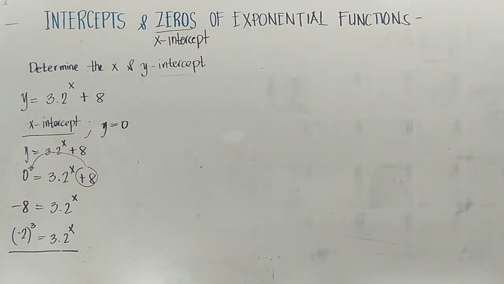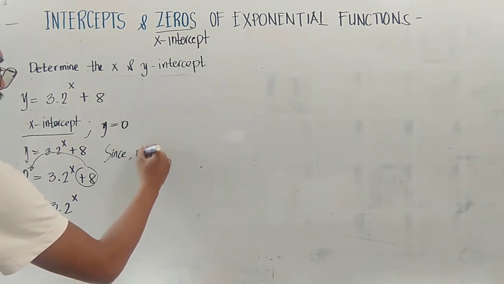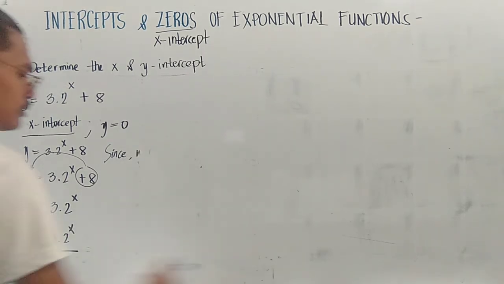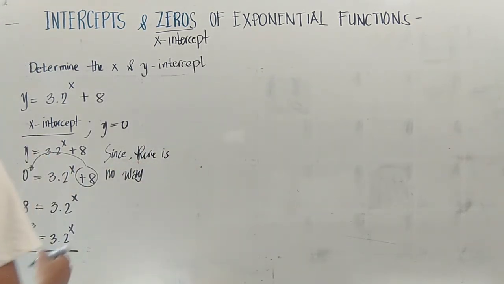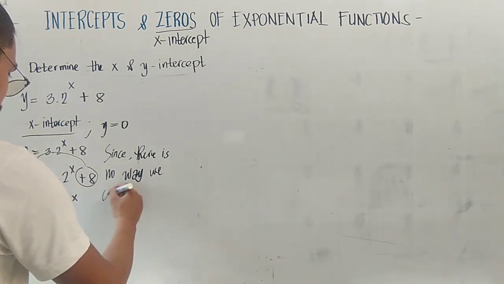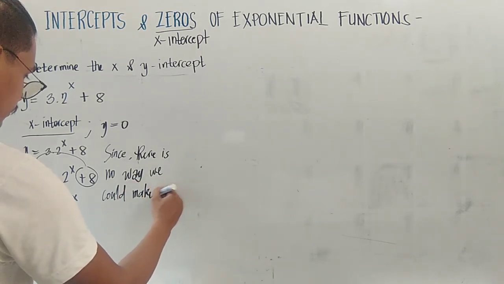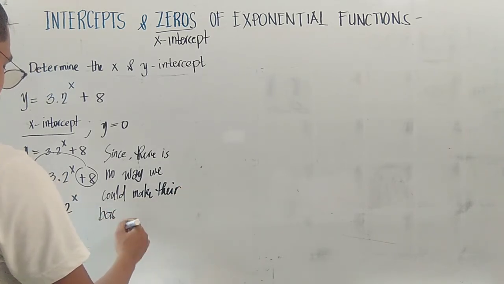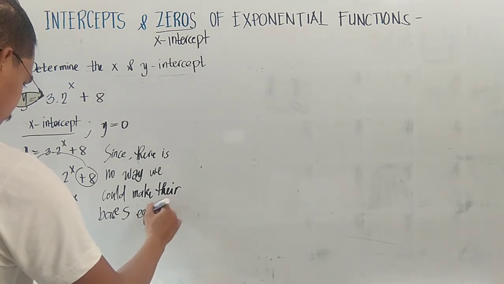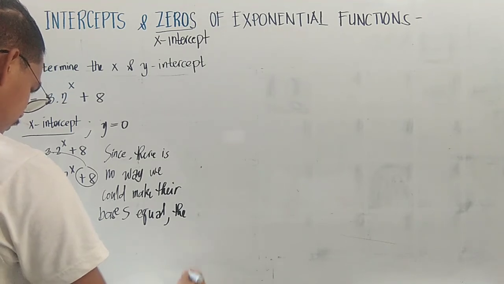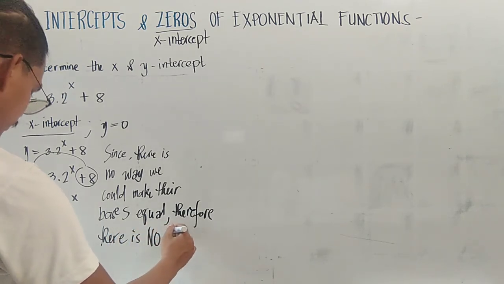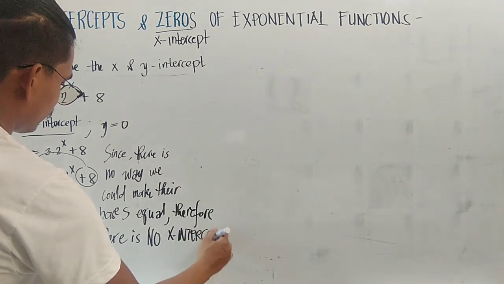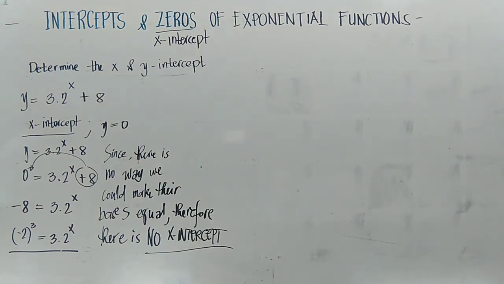So we can conclude that, since there is no way we can make their bases equal, therefore there is no x-intercept.